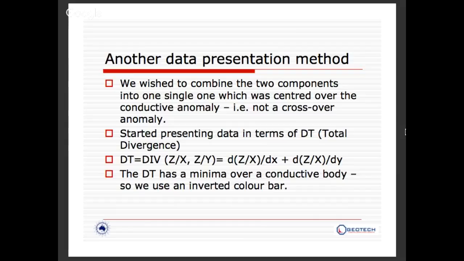But we were looking for some way to present both in just one map. So with that idea came the total divergence, that is the relationship Zx, Zy, that they are added. So it is minimum over some conductive. So we have to invert the color bar. Otherwise, we will see nothing.